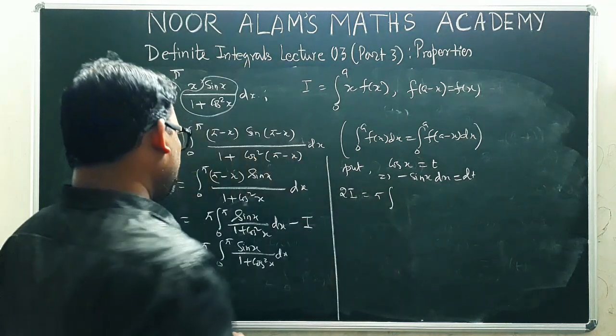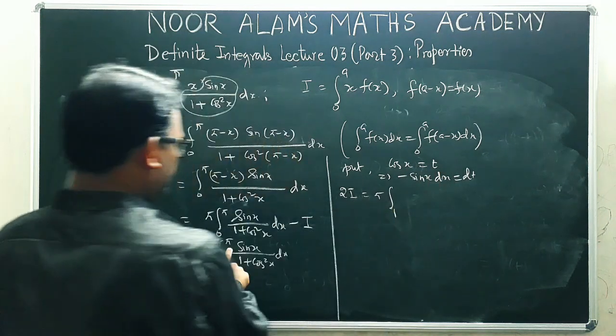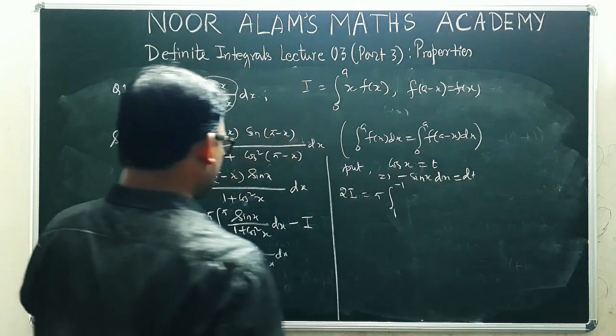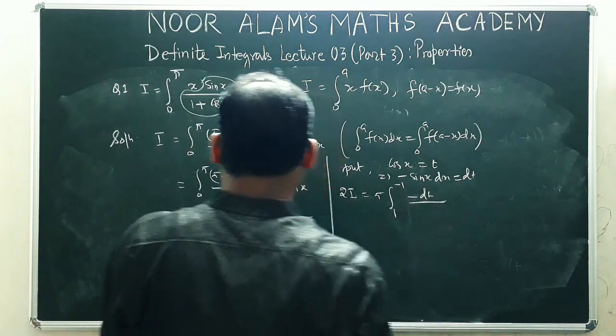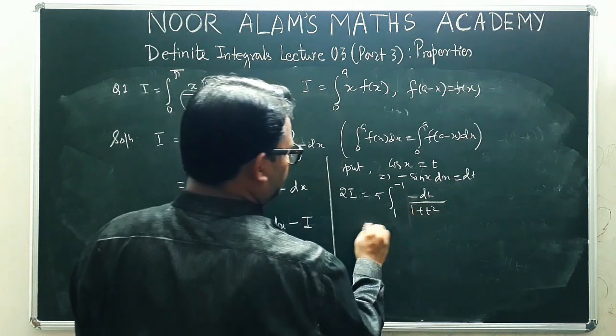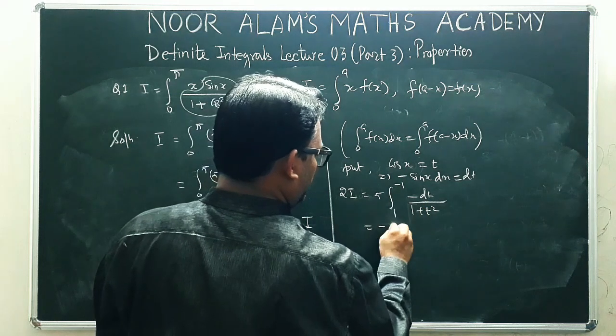When x is 0, t is cos 0, which is 1. When x is pi, the value of t is cos pi, which is minus 1. Now sin x dx gives minus dt, and the denominator is 1 plus t square. So the minus we can take outside, so it will be minus pi.